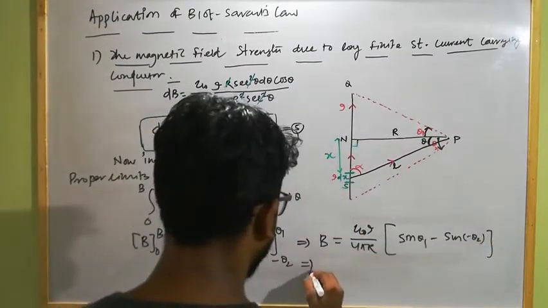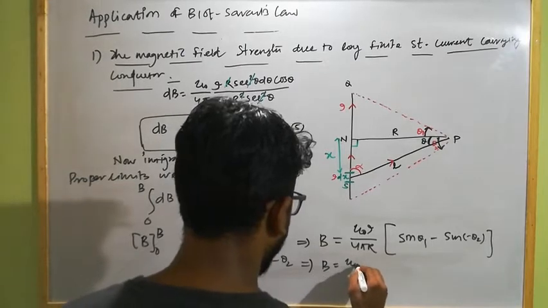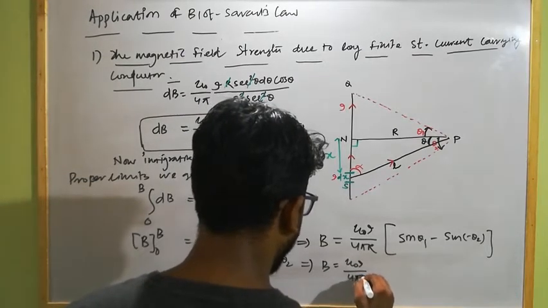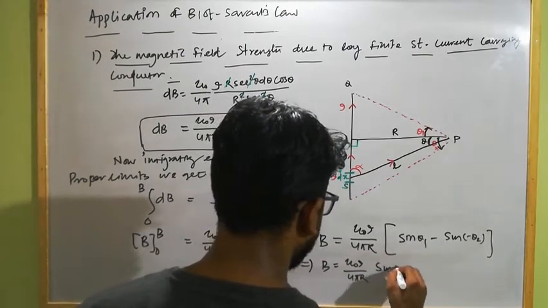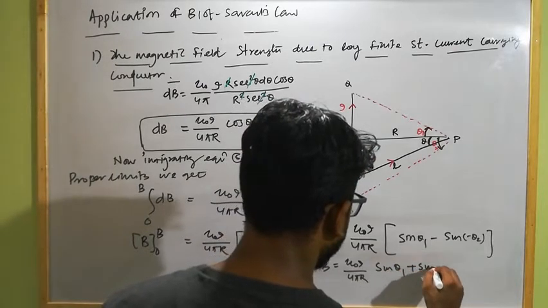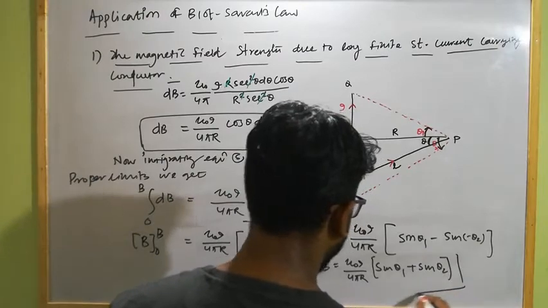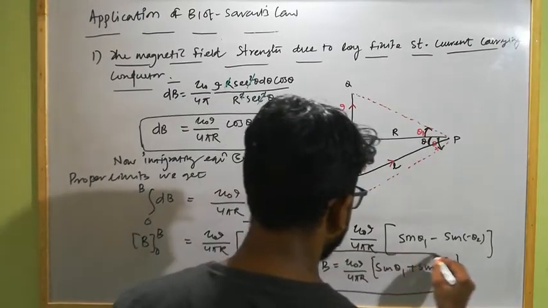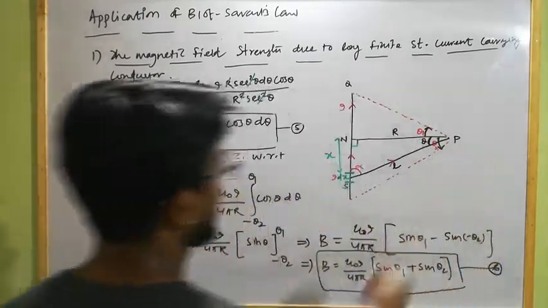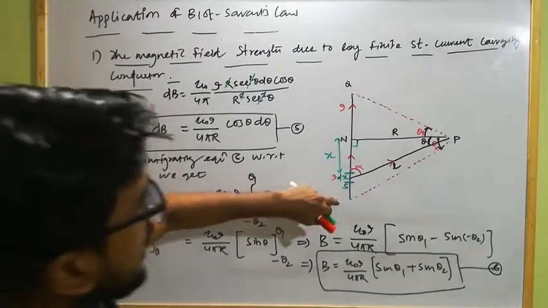So this can be written as B equal to mu naught I by 4 pi r times sin theta 1 plus sin theta 2.